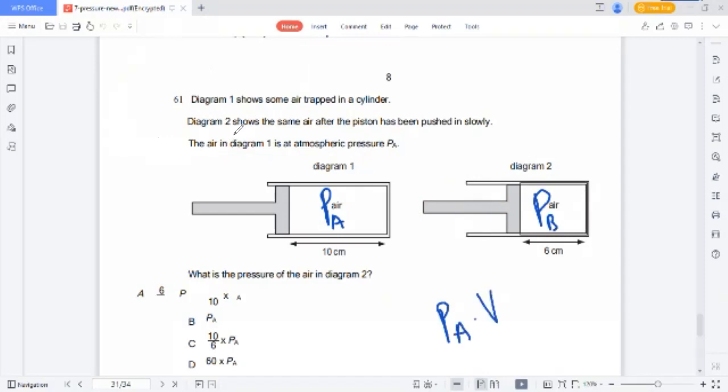By Boyle's law, we know P1 V1 equals P2 V2. So the pressure in A is PA and VA is 10.